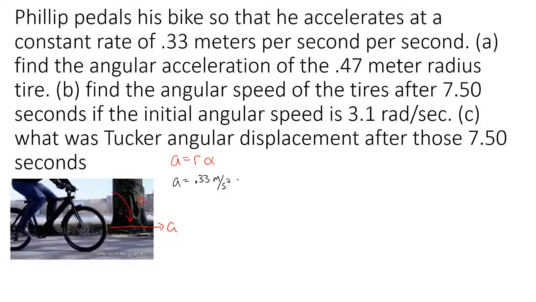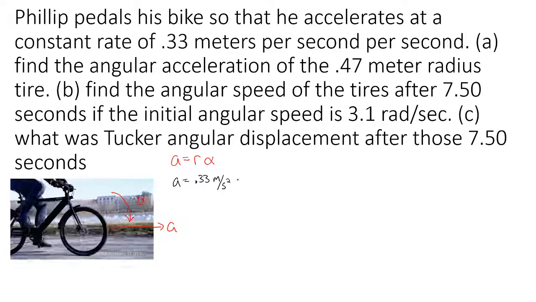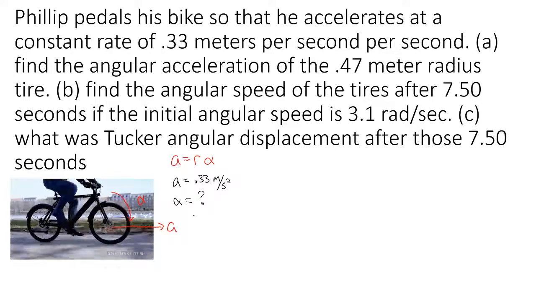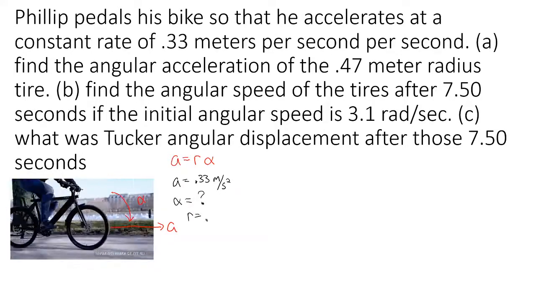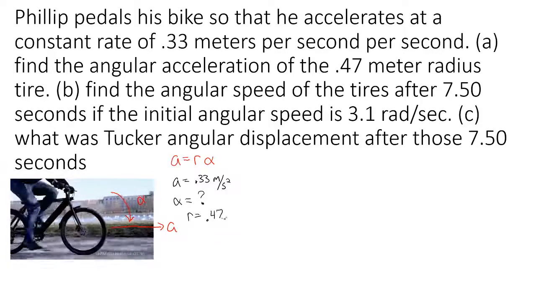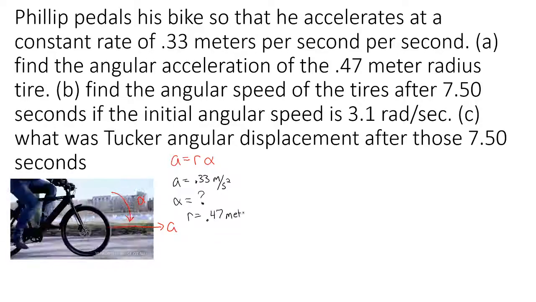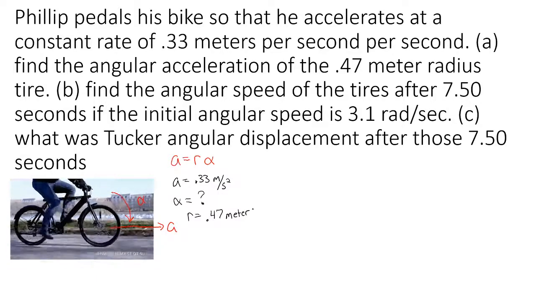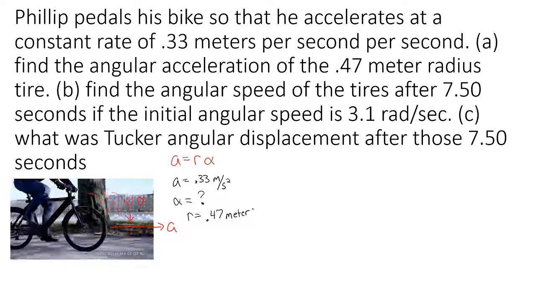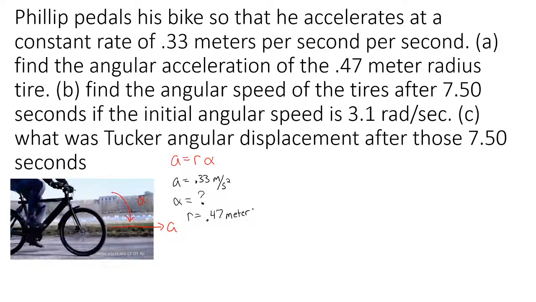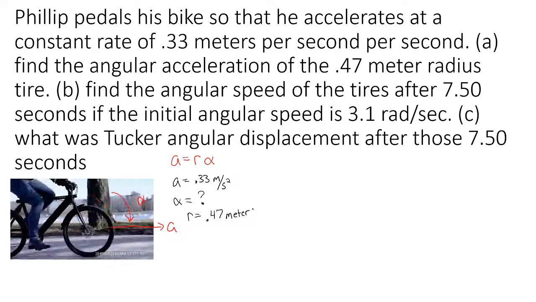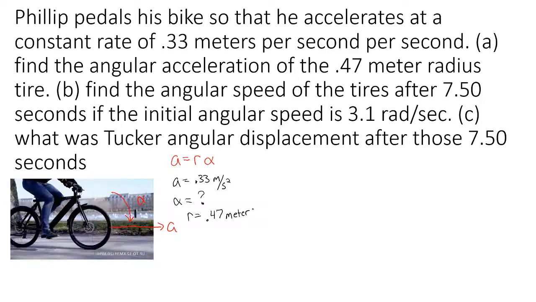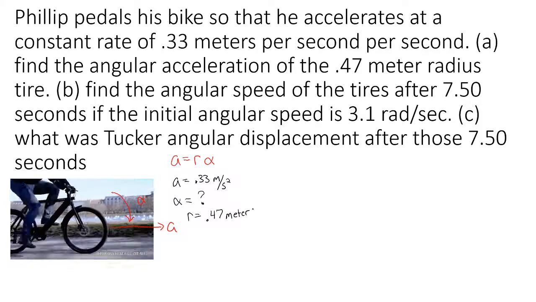And it says find the angular acceleration, so we're going to be looking for alpha, and that the radius of his bike is 0.47 meters. That's a pretty big bike wheel if you ask me. And find the angular speed of the tires after 7.5 seconds if the initial angular speed is 3.1 radians per second. And what was the angular displacement after 7.5 seconds?